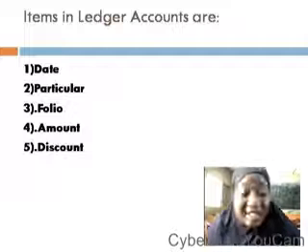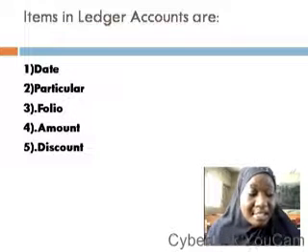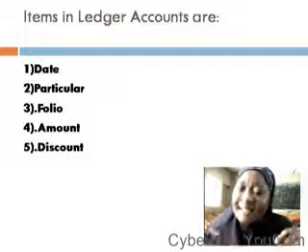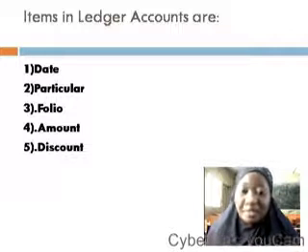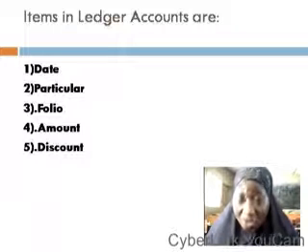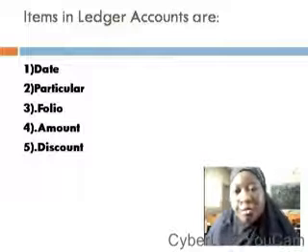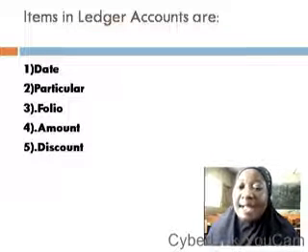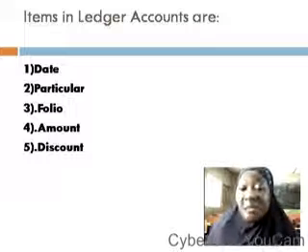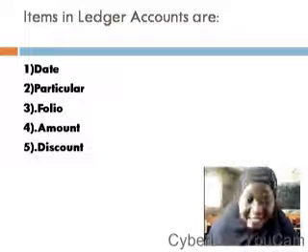Date. This column will appear at both sides of the account. It shows the exact date that the transaction took place. That means the date that the transaction occurred. For instance, today, maybe I went to my shop and made some sales. When I want to prepare my ledger account at the end of the week, maybe I'm preparing my account weekly.